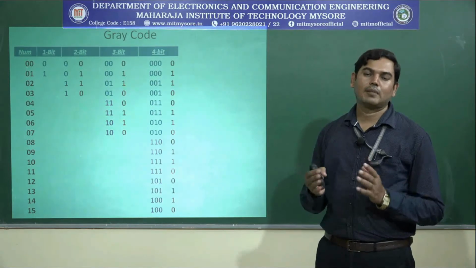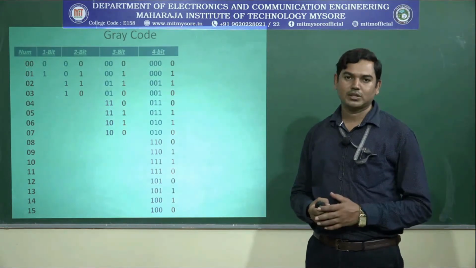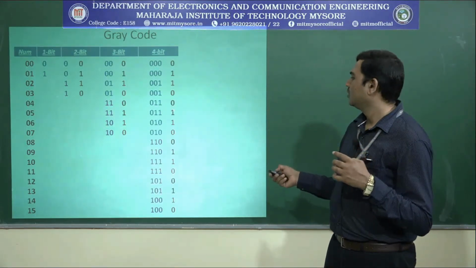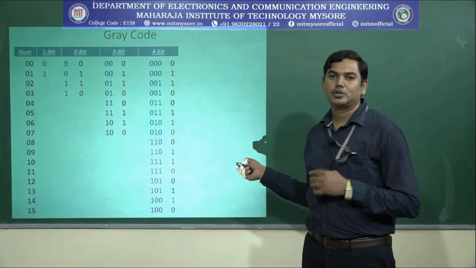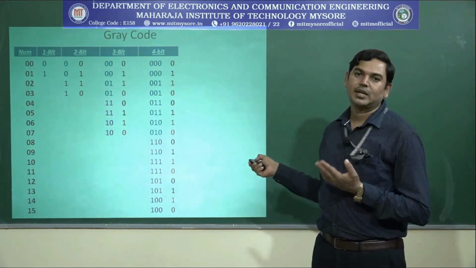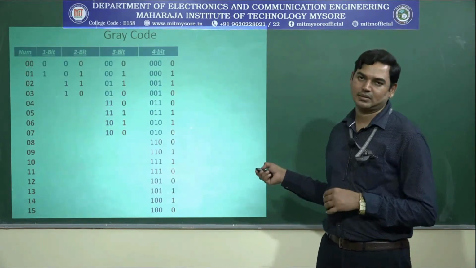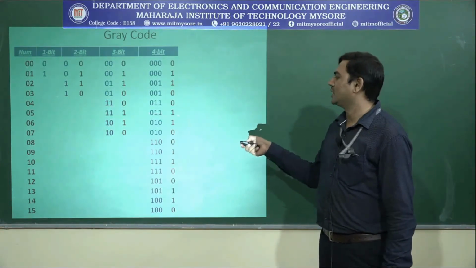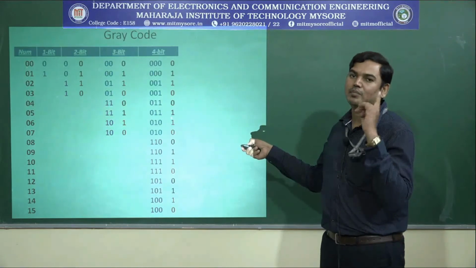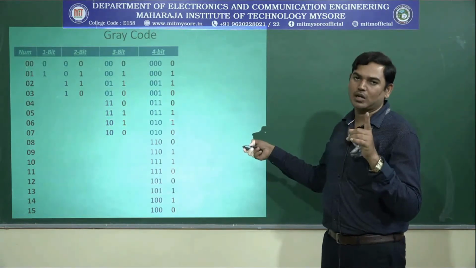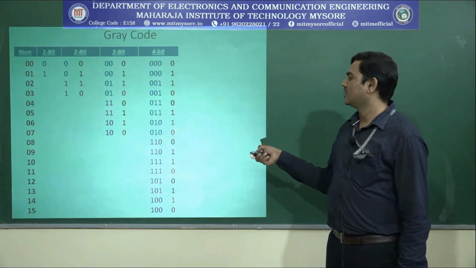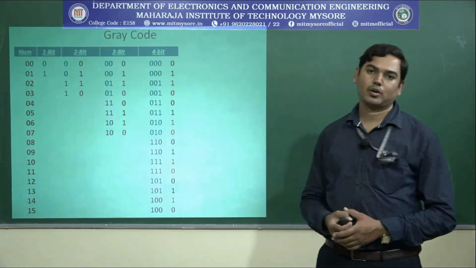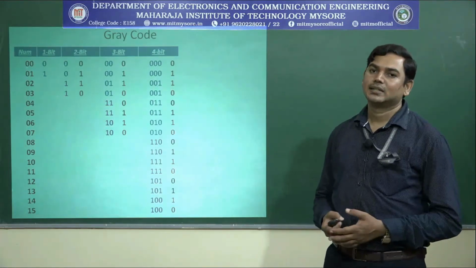A gray code is a number representation in which any number will be logically adjacent to its predecessor as well as its successor. Logically adjacent means there is only one bit variation, one bit toggle with the previous number as well as the next number. So, that is the definition of a gray code representation, or you can also call it a gray number system.